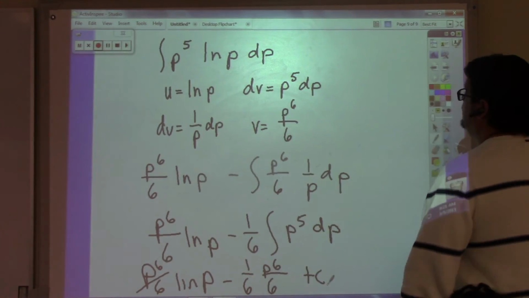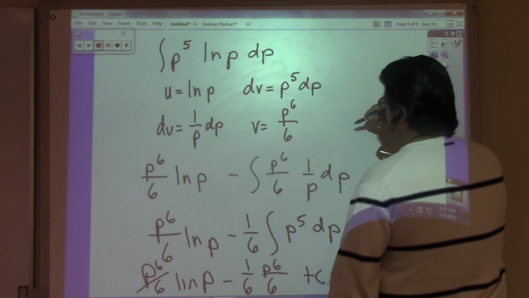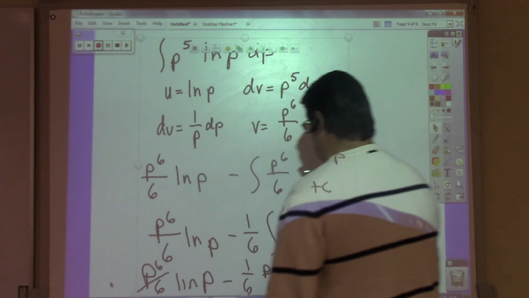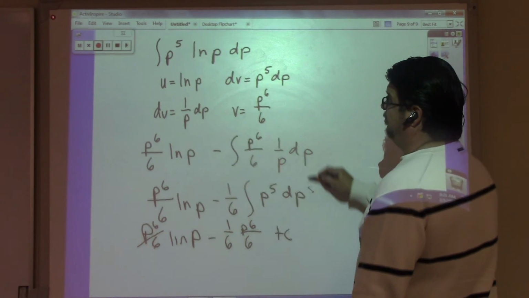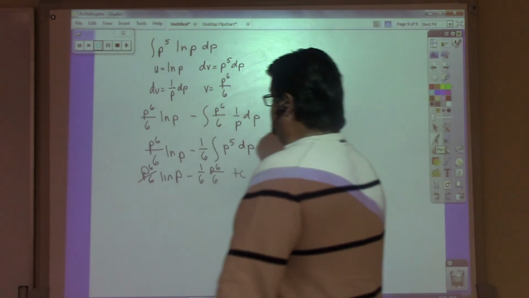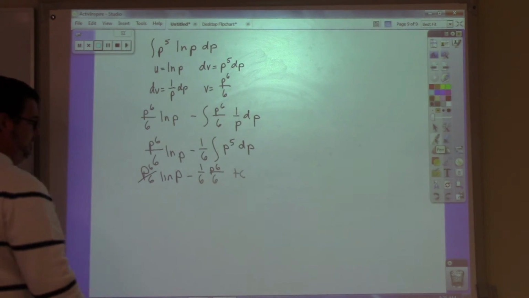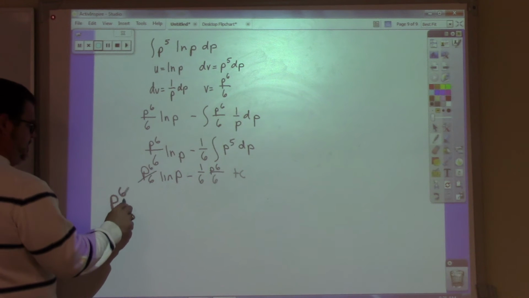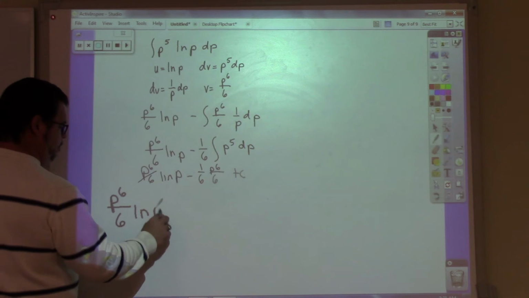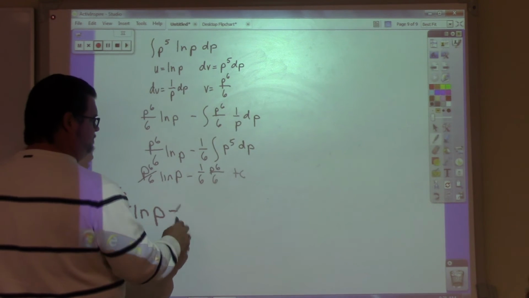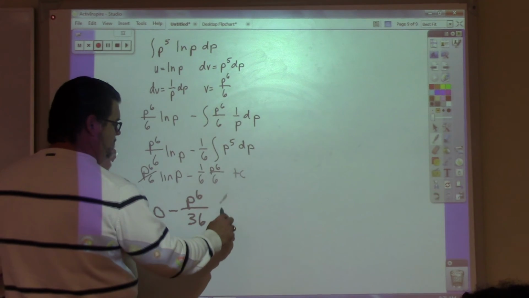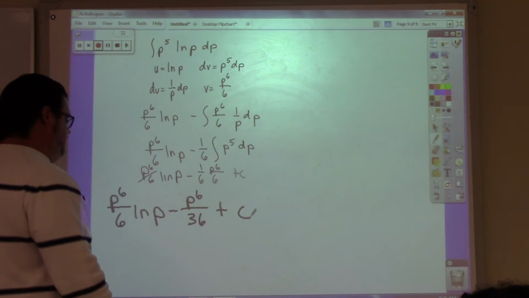So P to the 6th, let me just do this. That'd be P to the 6th over 6, natural log of P, minus P to the 6th over 36 plus C, and we can factor out what?